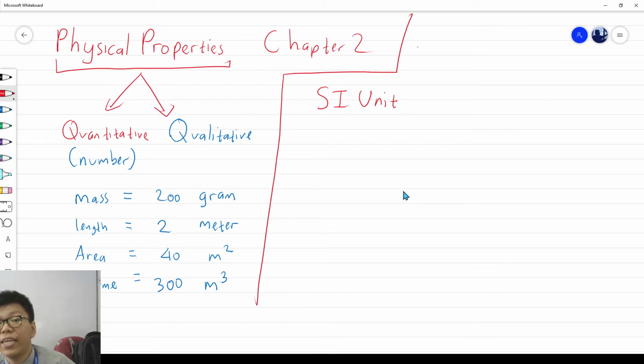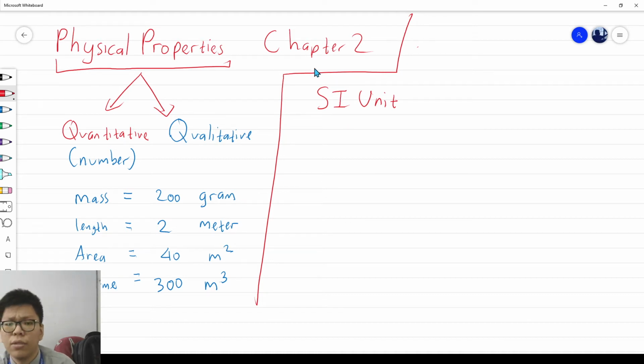So when scientists want to share or compare data, they need to convert all the results into SI units. SI stands for Système International. It is French, I think. In Indonesia, we say Sistem Internasional. In English, usually we call it the International System of Units.